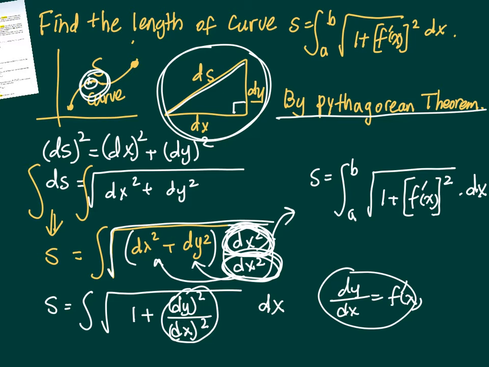Of course, to apply that formula, you must have f of x as a function, and also the interval. So let's go to the next slide to see another example.